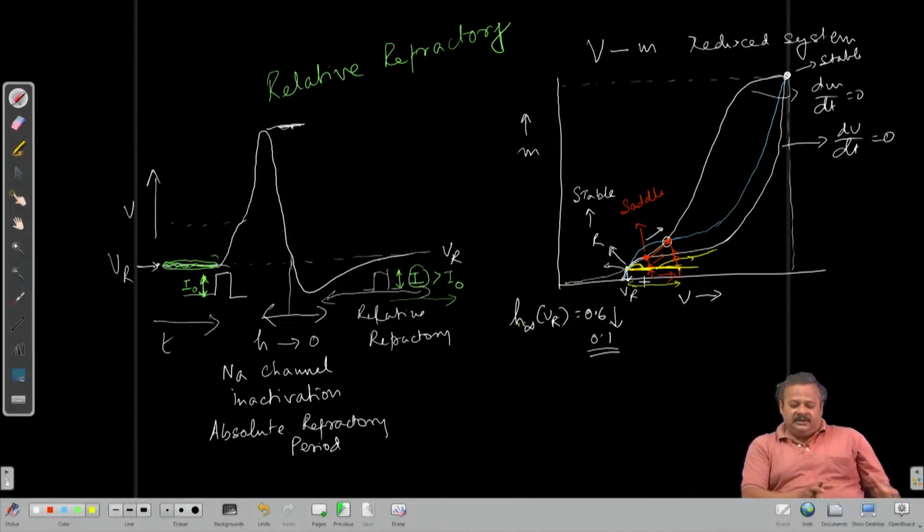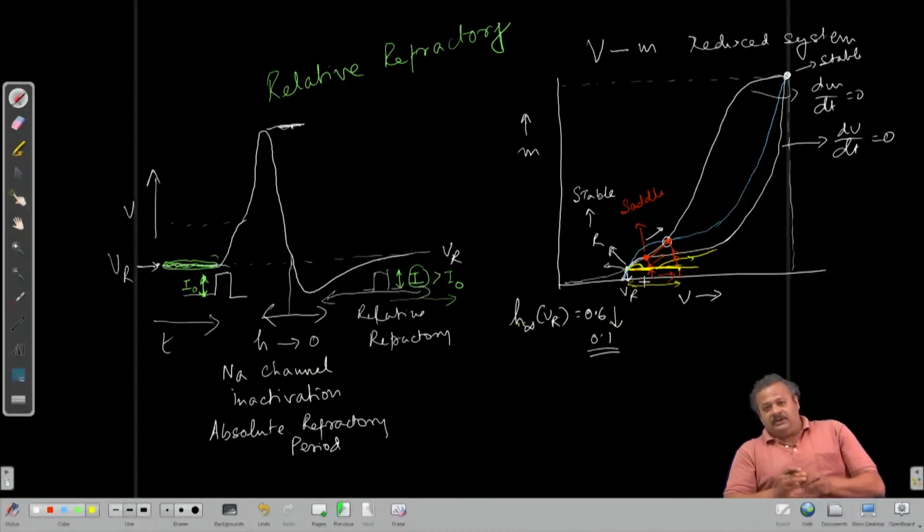The previous history of the system, which is the lowering of H, or sodium channels being inactivated, and H staying there, makes the system behave in this manner. And this phenomenon allows us to explain the relative refractory period.